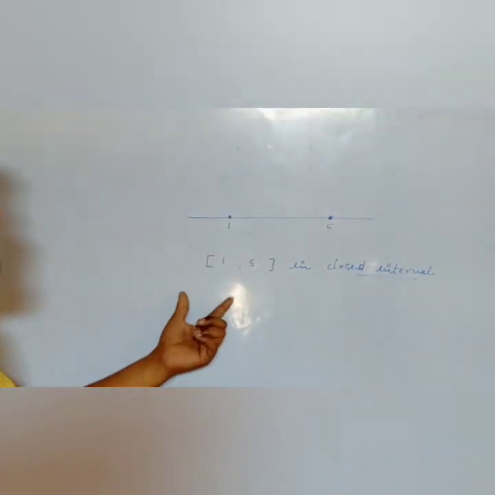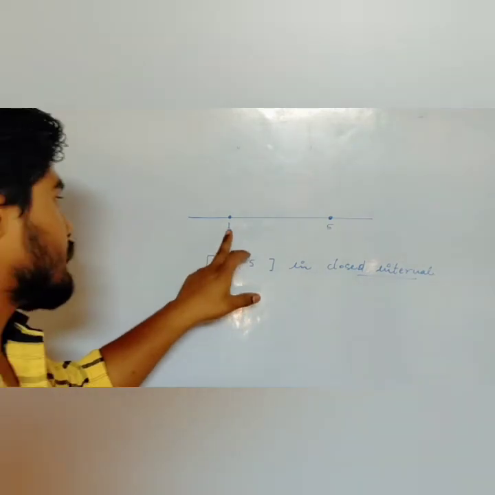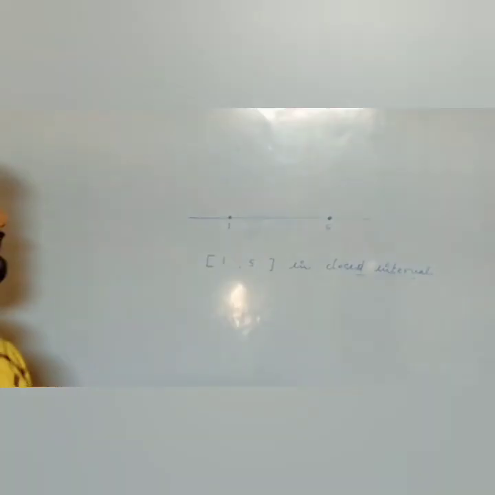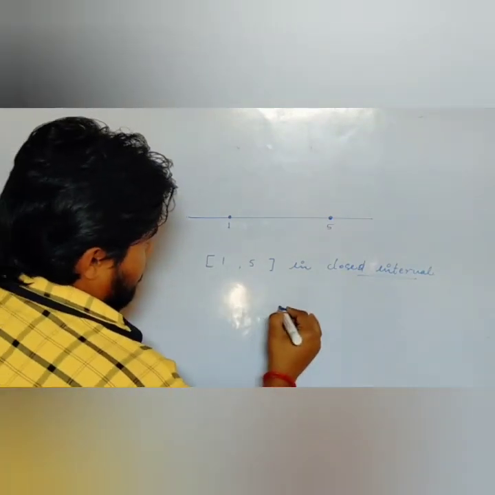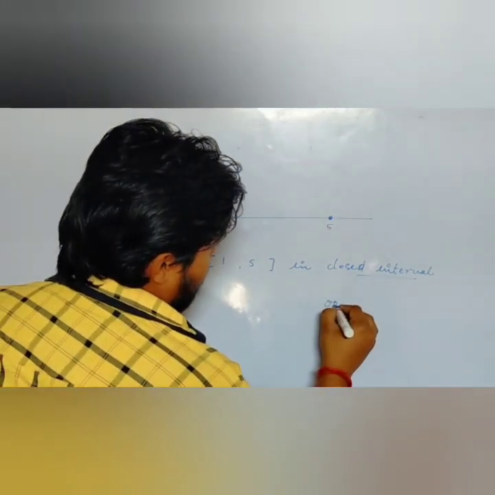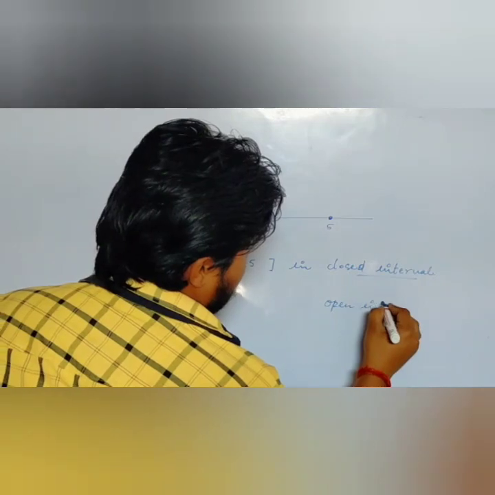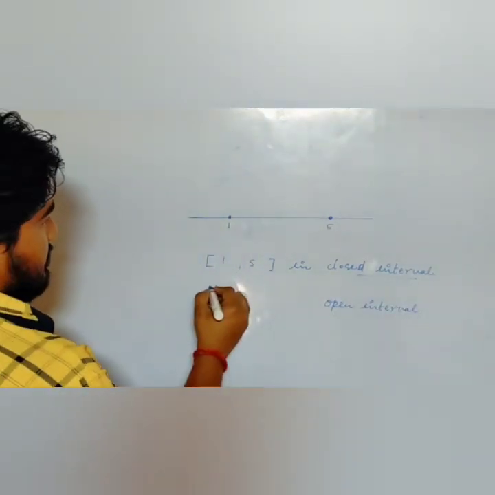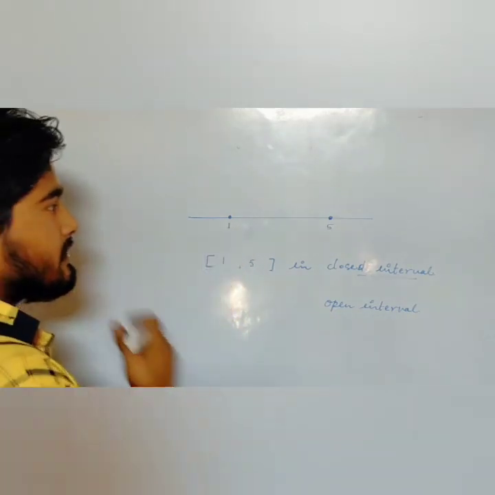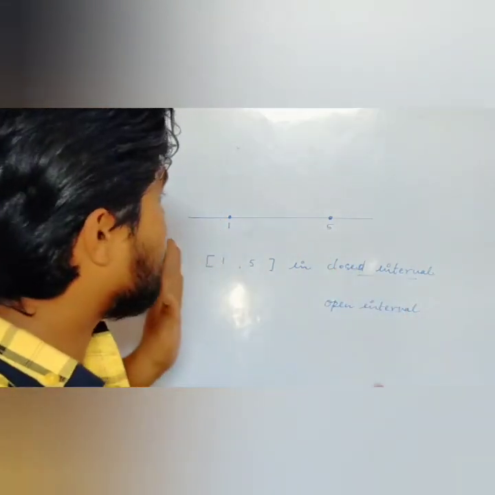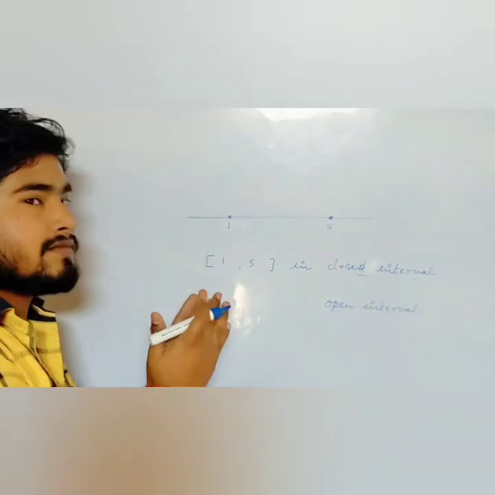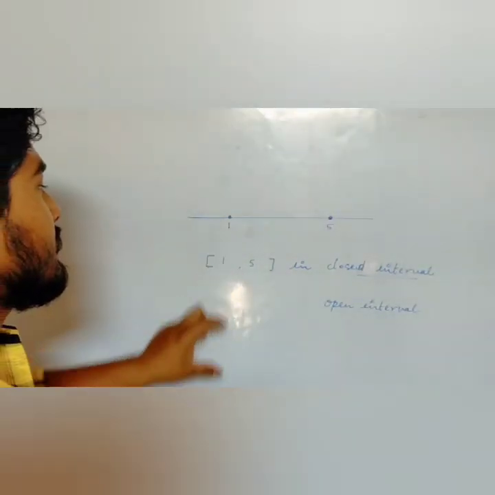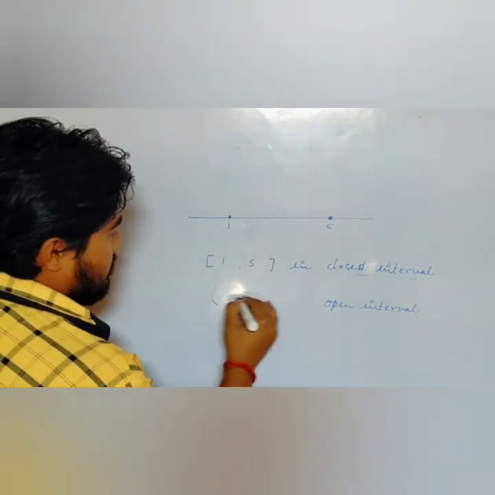Explaining closed interval, we take the numbers 1 and 5 both. But in the second case, open interval. Open interval means 1 is left out and 5 is left out, and the numbers between them are taken. This is the open interval.